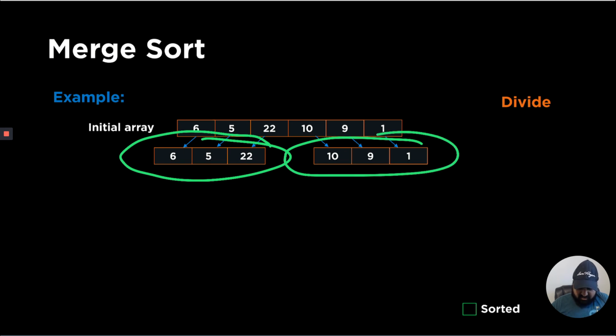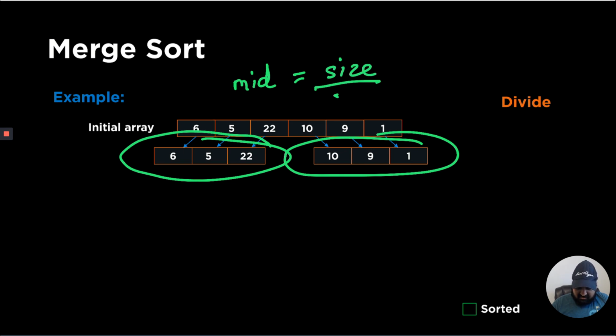So we are going to recursively call merge sort on the left half. Since the size of this left half is still greater than 1, we are going to calculate the middle, which is basically the size of the array divided by 2.